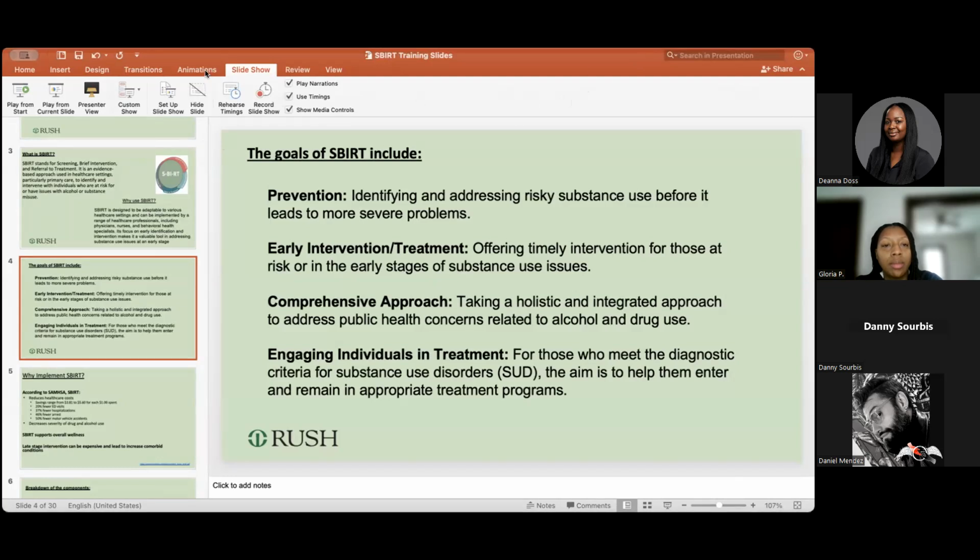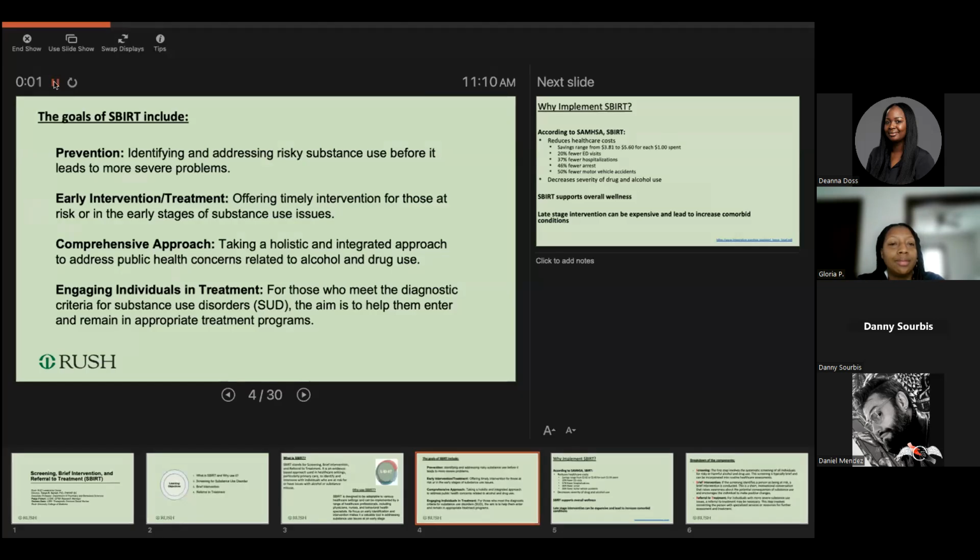Am I still in presentation mode, Gloria? No, it did switch back. Okay. Yeah, but we can still see the screens. Okay. Play from current slide. Is it in presentation mode again? Yes, we are back in presentation mode.